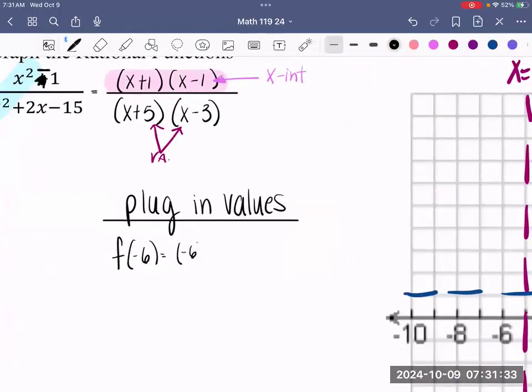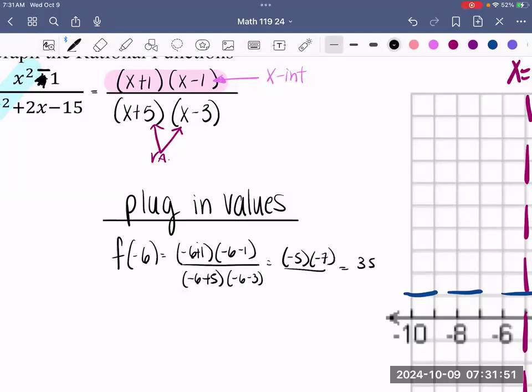So you have -6 plus 1, -6 minus 1 over -6 plus 5, and -6 minus 3. So that gives me -5, -7, so that's 35 over, let's see, that's a -1, and then -9, so that is a +9.